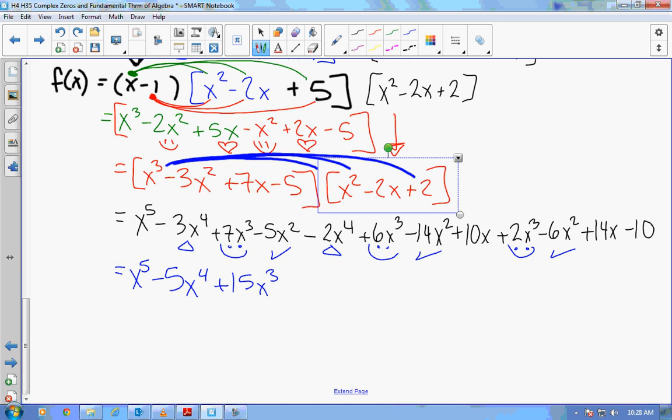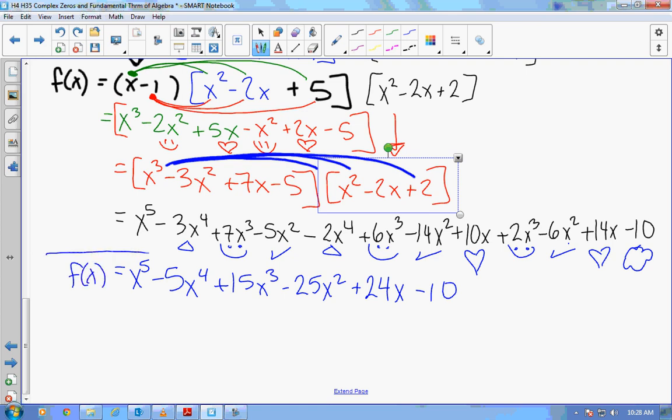We have negative 5, negative 14 makes negative 19, minus 6 more, negative 25x squared. Then we have x to the 1st powers, 10 and 14, positive 24x. And then the constant, minus 10. This is the standard form.